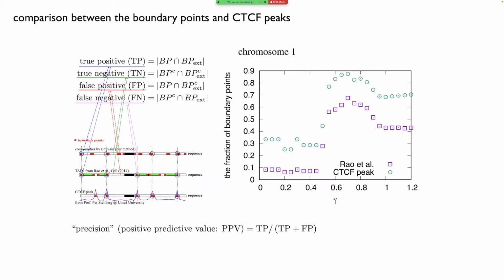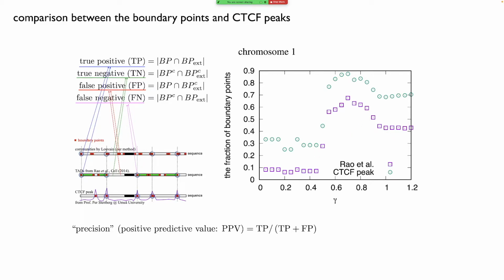And of course, in contrast to the single resolution TAD, our method can detect the communities across various scales. So depending on the resolution parameter gamma here, the overlap between community boundaries and the CTCF enrichment of course changes or fluctuates.